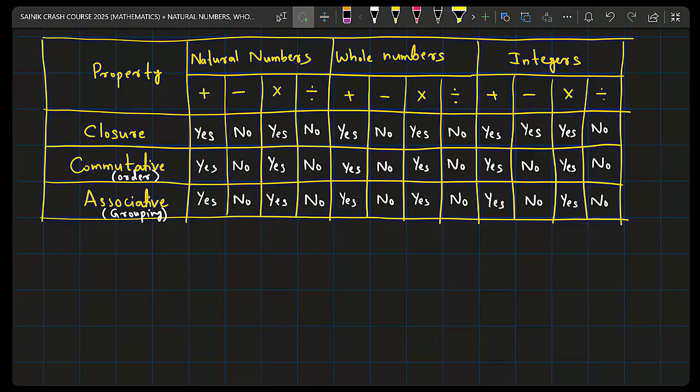Sir, Sahana is asking, can we copy this table? Yes, you must copy. Vishwajit, what is your doubt? I copy this table. Yeah, you have to copy.